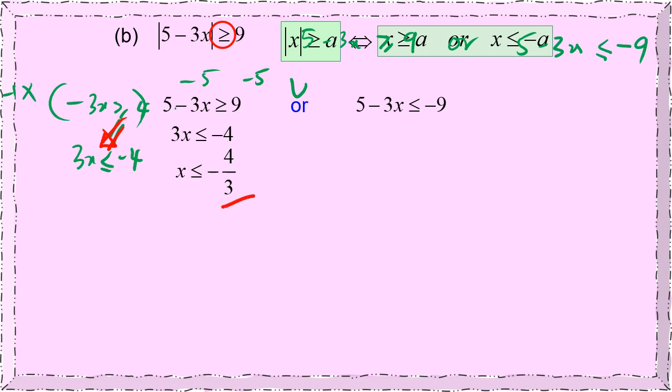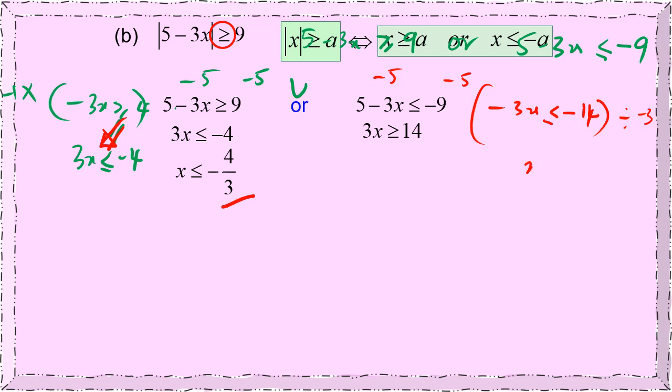For the second inequality, we get 5 minus 3x is less than or equal to negative 9. Minus 5, here we have negative 3x is less than or equal to minus 14. To eliminate the negative, you can just divide by negative 3.